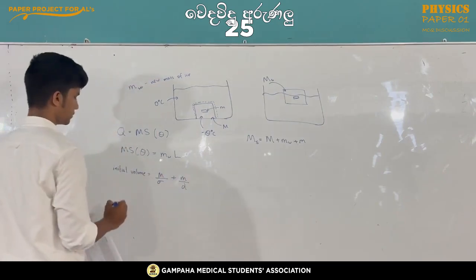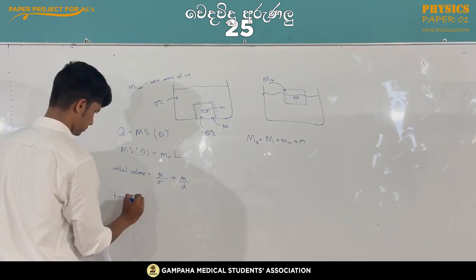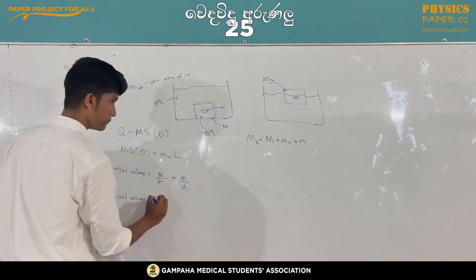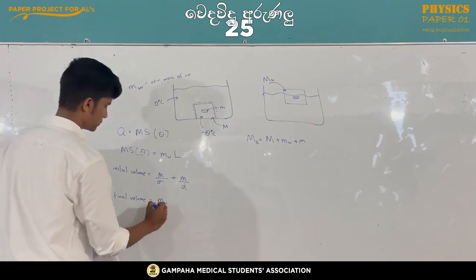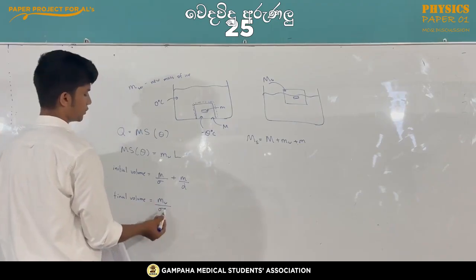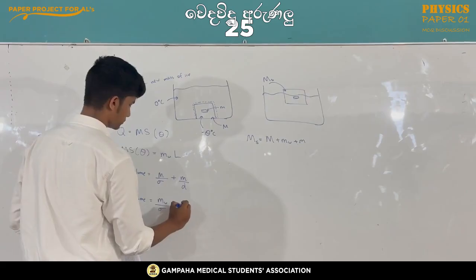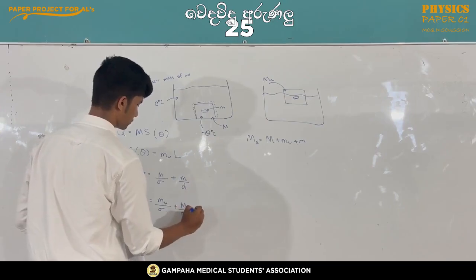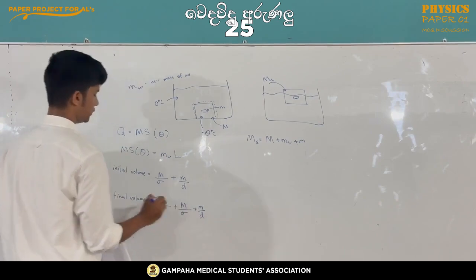This is the initial volume. So then the final volume is equal to this, this is the new mass of ice formed. Therefore, this is the new volume that is added onto the ice block. This is the final volume.